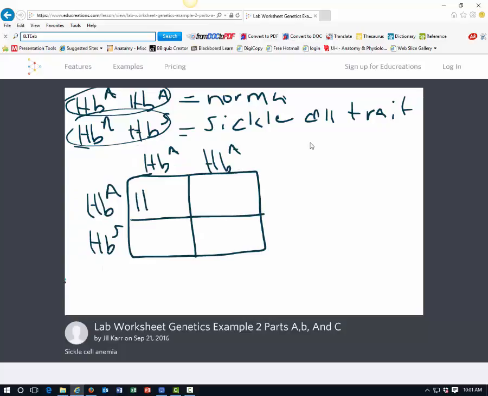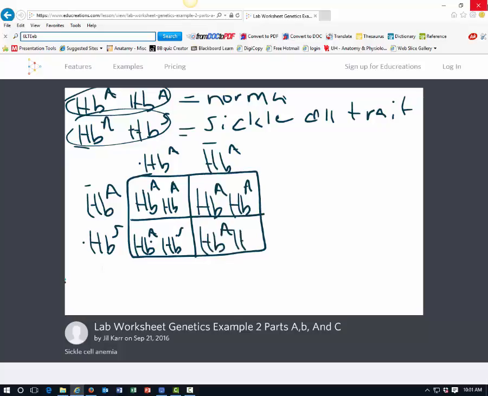If I cross these two, I'm going to have HbA, HbA. If I cross this one and this one, I'm going to have HbA, HbS. And the rule is we always put whatever letter occurs first in the alphabet down first. So that's why I'm putting the A first in each example. And then if this sperm and this egg come together, I have HbA, HbA, and I have HbA and HbS.